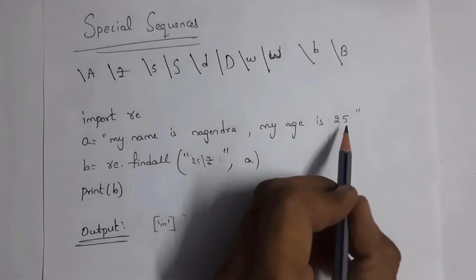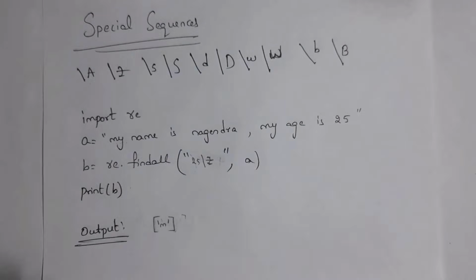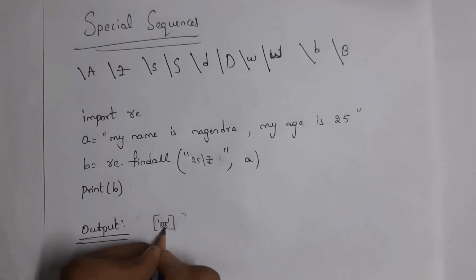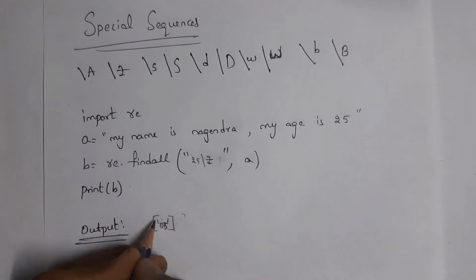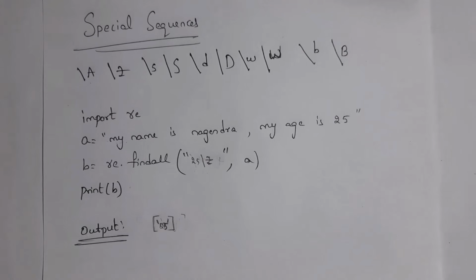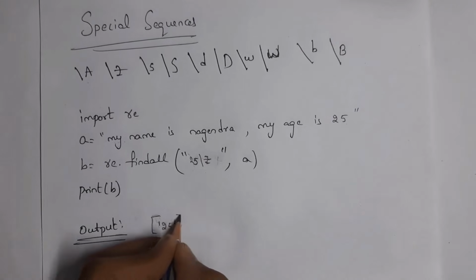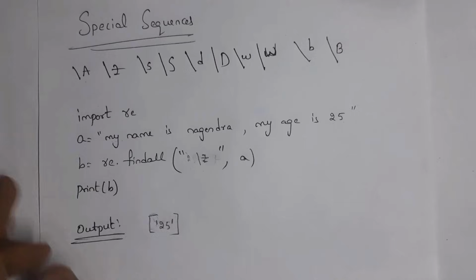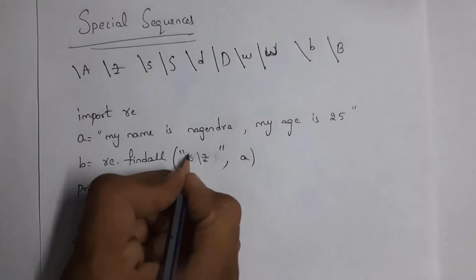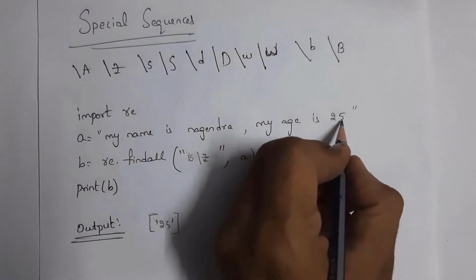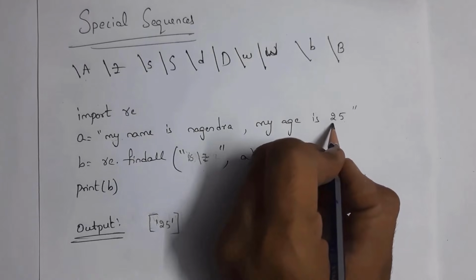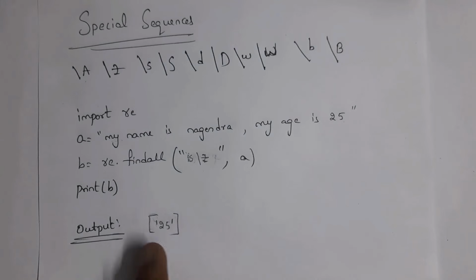In this string, yes, the last two characters are 25, so I will get output 25, represented as a string in single quotations. This is my output. Only if characters are available at last, it will display output. For example, if I write is, it will check whether is is available at last or not. No, is is not available at last, so you won't get any output. It will display an empty list.